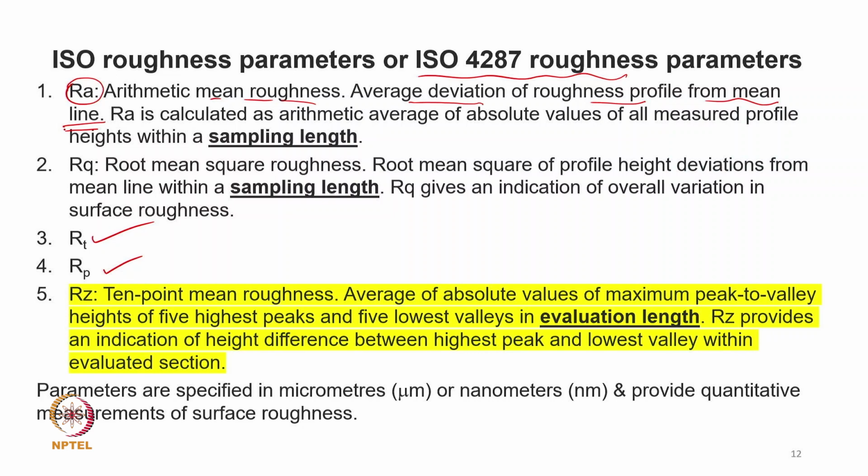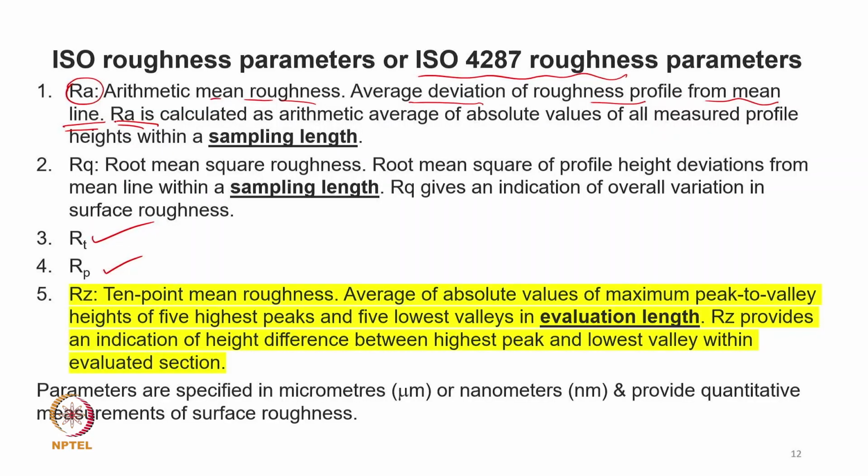That means if the mean line is not at the zero level, then we need to find out the mean line, and then the deviation from the mean line is what we calculate as the Ra value. And as I already mentioned, it is for the sampling length. We need to think about the sampling length, and as per the standard, 5 times the sampling length becomes the evaluation length in this case.